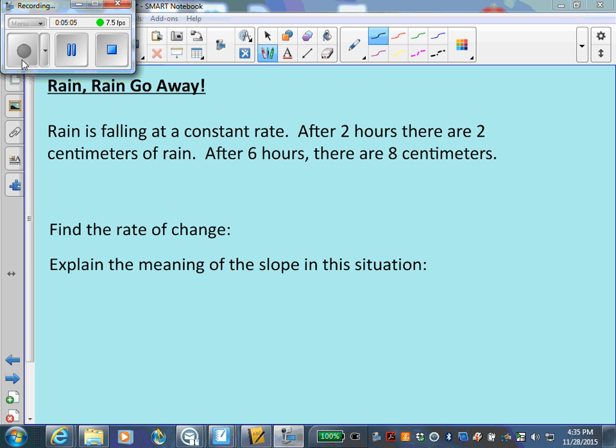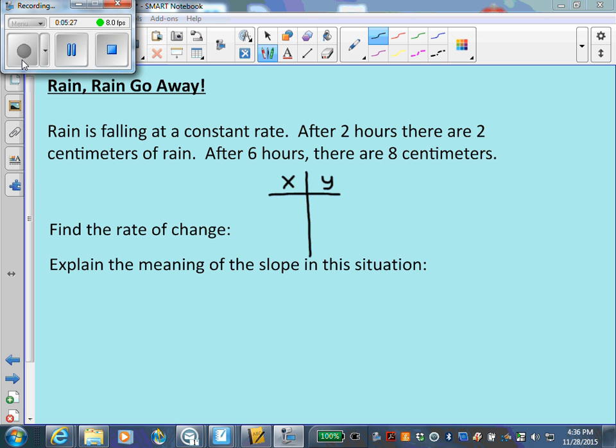Rain, rain, go away. Rain is falling at a constant rate. After 2 hours, there are 2 centimeters of rain. After 6 hours, there are 8 centimeters. So there's several ways to do this. I would probably set up a table to see these. These are really showing two different ordered pairs. So if I made a table, and if I had X and Y, I need to figure out which variable goes where.